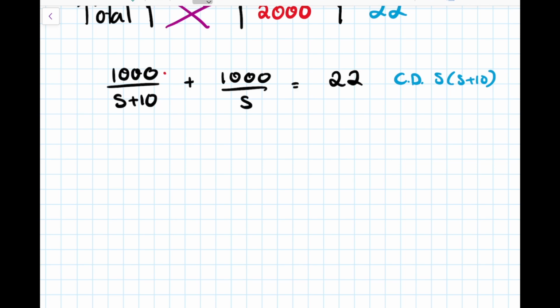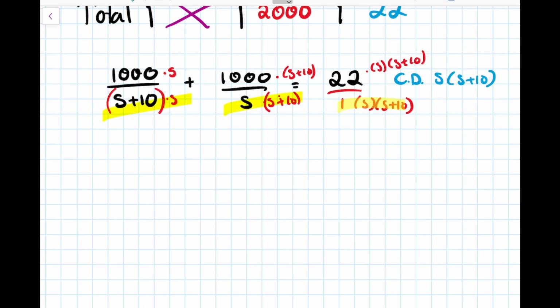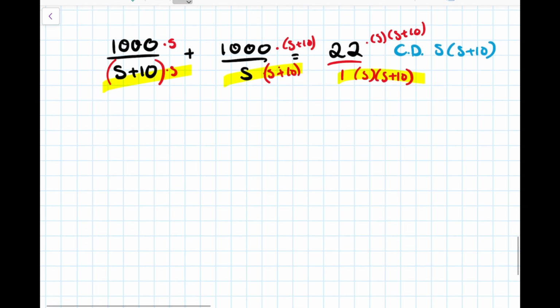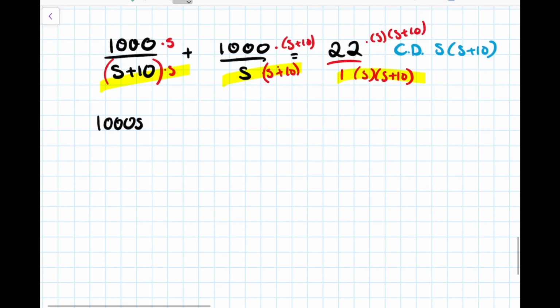All right, so my first fraction is missing the s. My second fraction is missing the s plus 10. And then my third fraction is missing both of them because it doesn't even look like a fraction right now. So if I get rid of those denominators because they all match and do some multiplication, I'm left with 1,000s plus 1,000s plus 10,000, right?